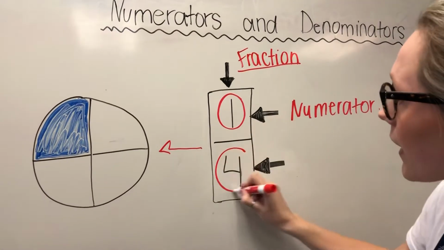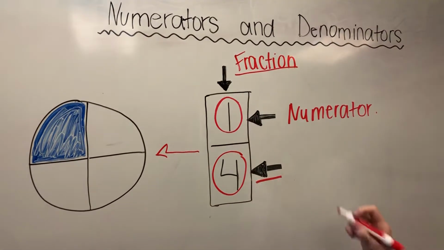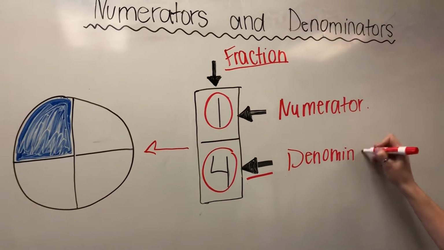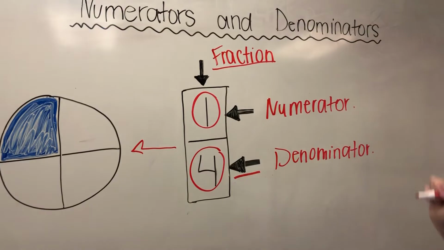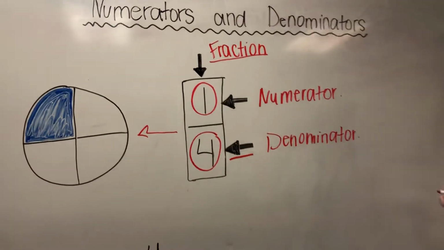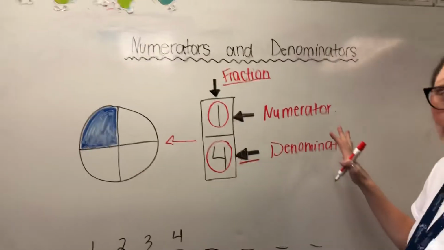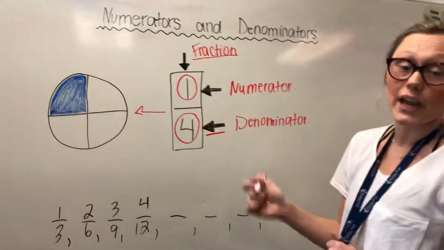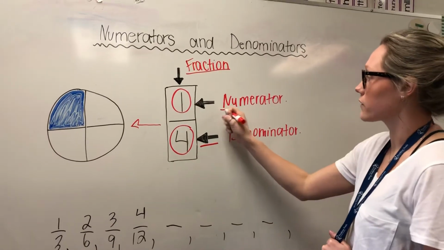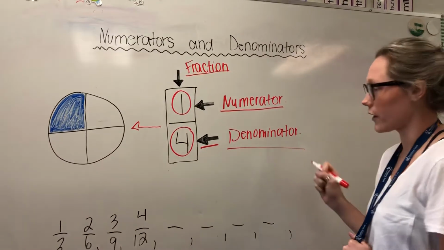The bottom number, my arrow here, is always going to be the denominator. So top numerator, bottom denominator. This worksheet is basically asking you which is which and to circle them. So that's the first part. Always remember N for top, D for bottom.